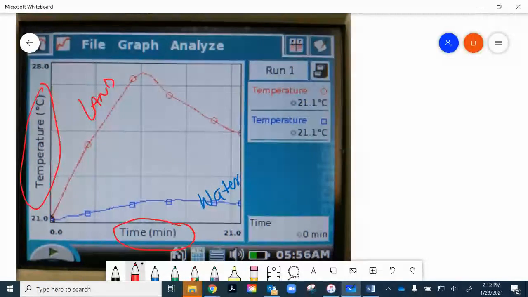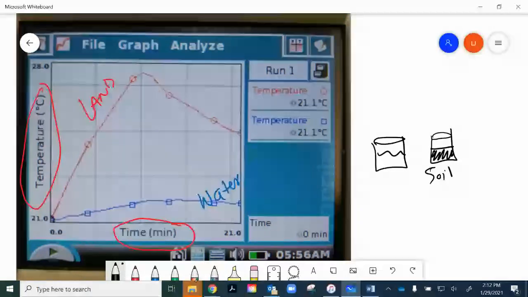By the way, when we did this, we basically had this set up. We had two cups, one with water and one with soil. So we had soil and we had H2O water, and then we had the probes going in like this.